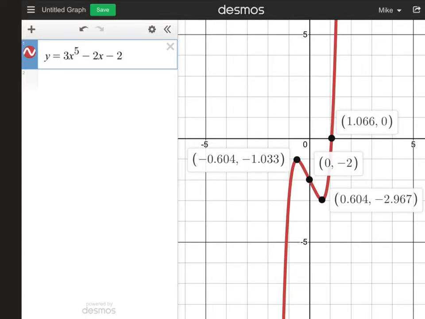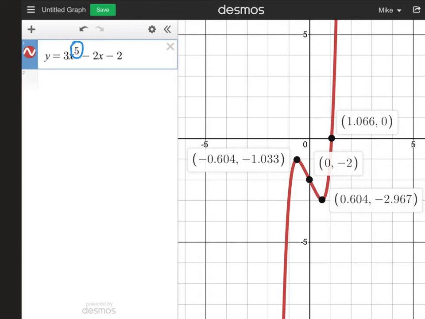All right, so here's an example of a polynomial. You see the equation over here on the left, y equals 3x to the fifth minus 2x minus 2. So it gives you an idea of what a polynomial function looks like. It's basically like a linear function or a quadratic function, but it can have higher powers on the x, as long as the power is a whole number and you don't have any variables in the denominator.